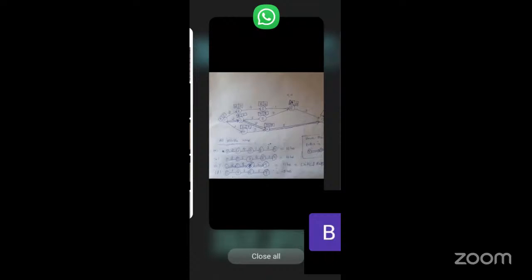Okay. So this is how we calculate the critical path and the earliest starting times, earliest finishing times, latest starting times and latest finishing times. In the forward process, we are using earliest starting time and earliest finishing time.